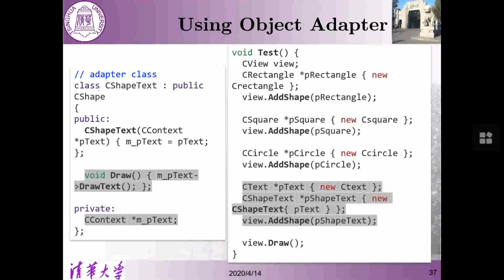We define an adapter class without modifying the third-party classes. We just adapt it to our viewer system. So this is the adapter class, which is a subclass of CShape. And then this draw function is overridden.